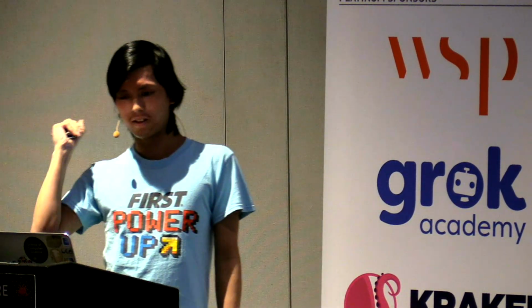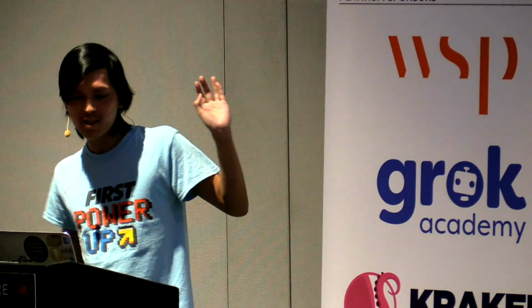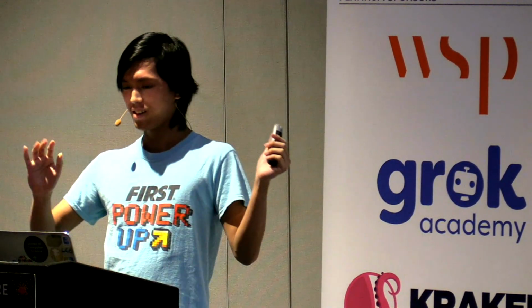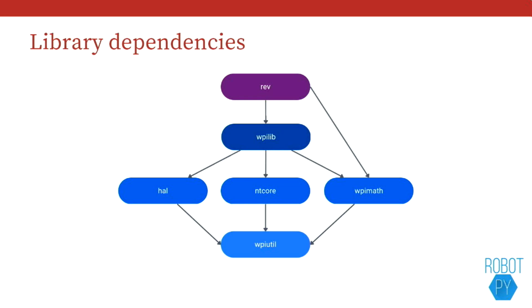So to give you an overview of what our dependency graph looks like, this is just the dependency graph for the same library as our previous example just now. You might notice we've got diamond dependencies, and there's also subclassing of classes from each of these different libraries as well.